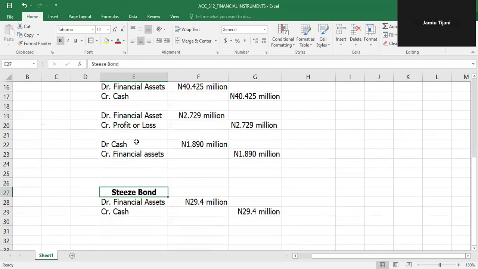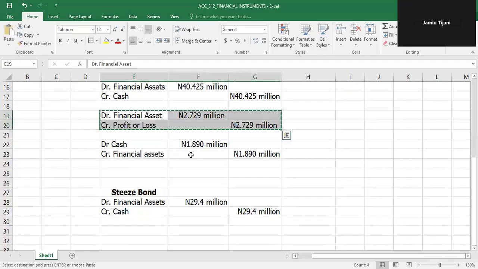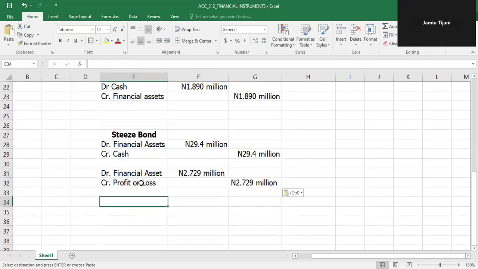And when you receive income, the income will be computed based on its own coupon rate. And the coupon rate in the question is 5%.